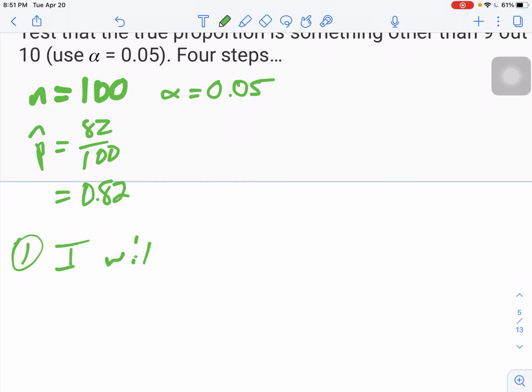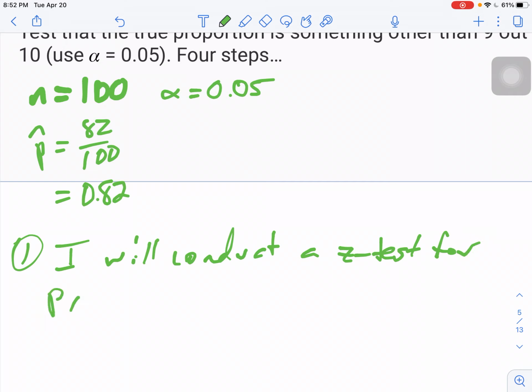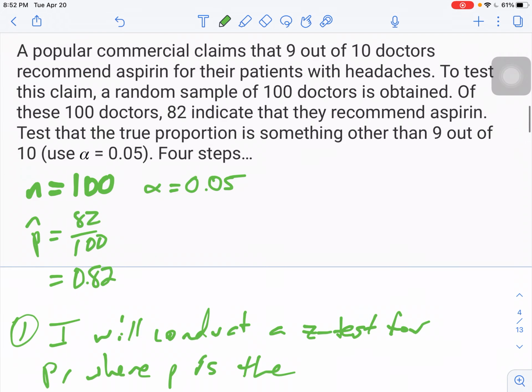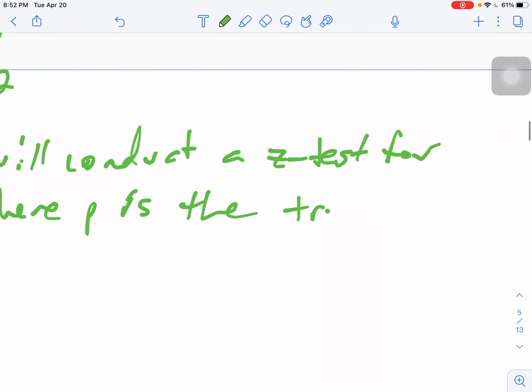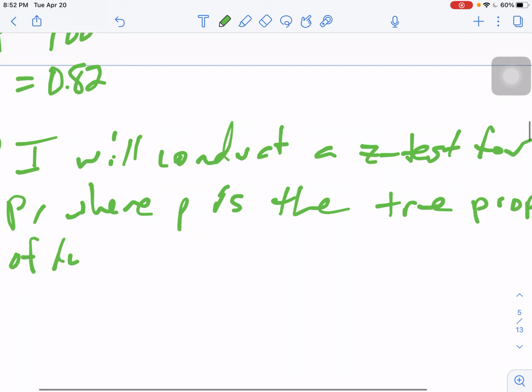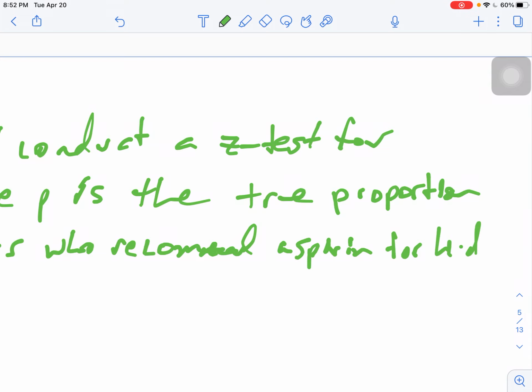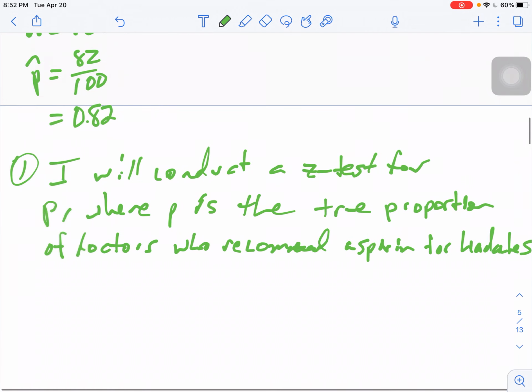So I will conduct a z-test for P, where P is the true proportion of doctors who recommend aspirin for headaches. All right, so that is almost all of step 1.